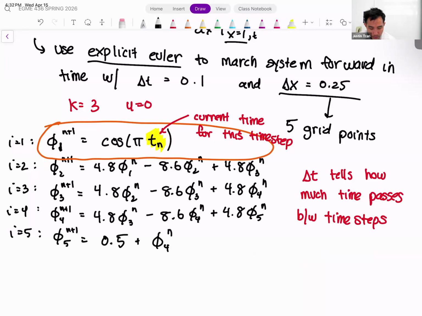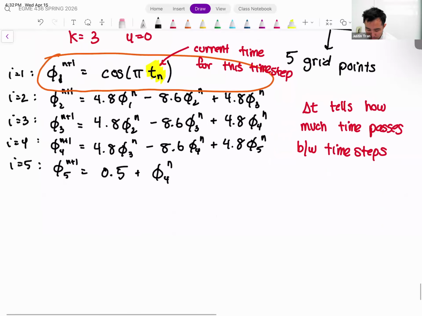So let's advance this forward a couple steps, and I'm going to put the emphasis on that phi 1 up there.